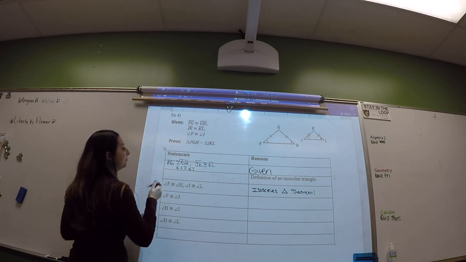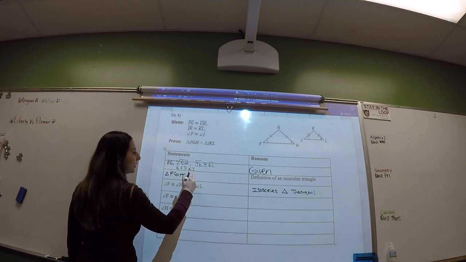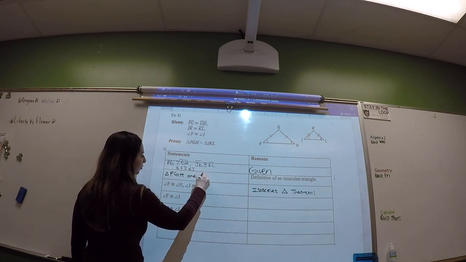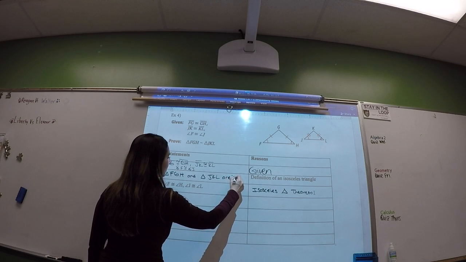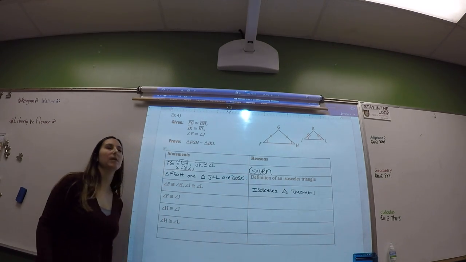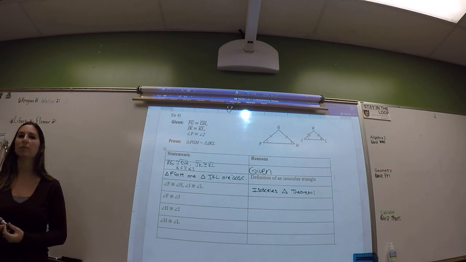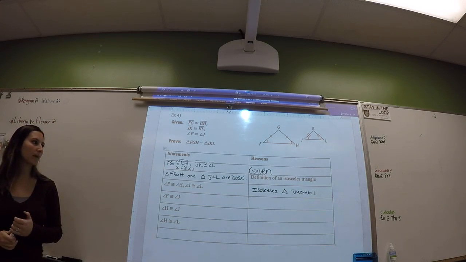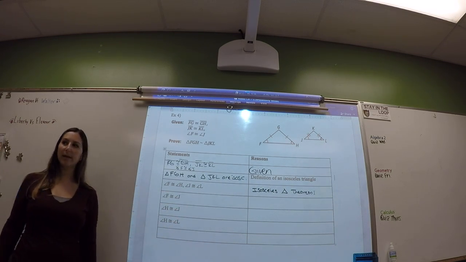So triangle FGH and triangle JKL are isosceles by the definition. They're isosceles because they have two congruent sides, and because they're isosceles, we know that their base angles are congruent.